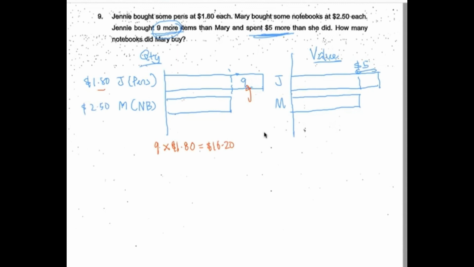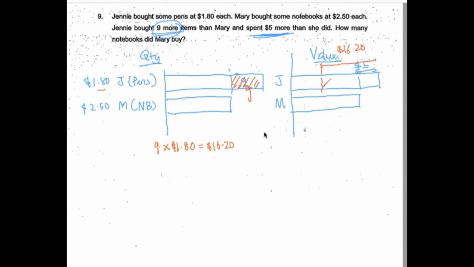So if I were to remove the 9 pens from the quantity so that I have equal number of pens and notebooks, I must also remove the equivalent value of these 9 pens. And the equivalent value of these 9 pens is $16.20. So I'm going to cut off $16.20 from here, all the way backwards, somewhere here.